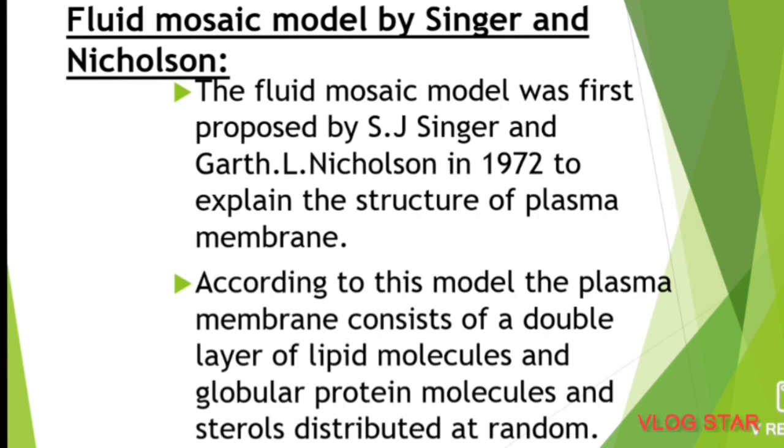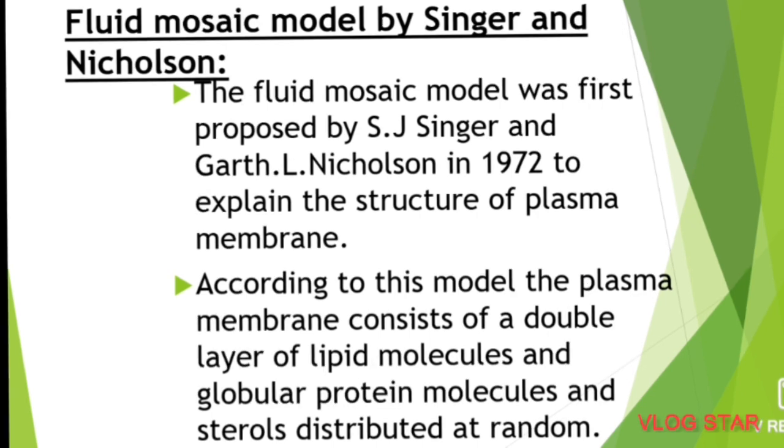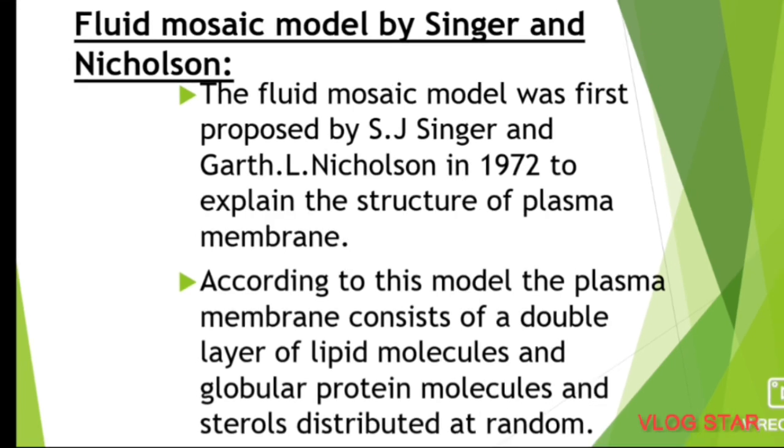The fluid mosaic model explains various observations regarding the structure of functional cell membranes. According to this biological model, there is a lipid bilayer in which protein molecules are embedded. The lipid bilayer gives fluidity and elasticity to the membrane, and small amounts of carbohydrates are also found in the cell membrane.